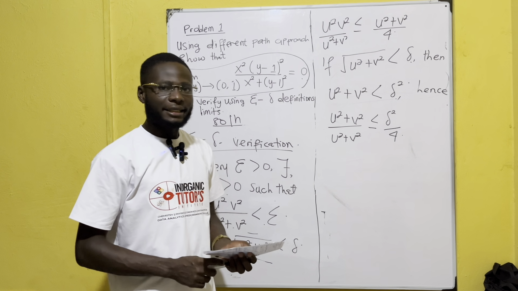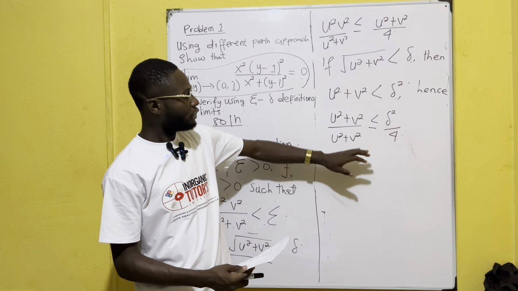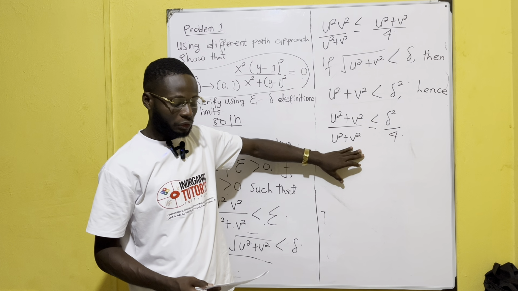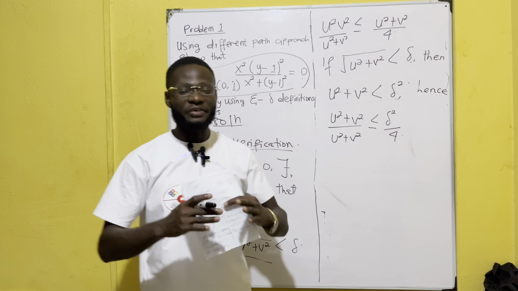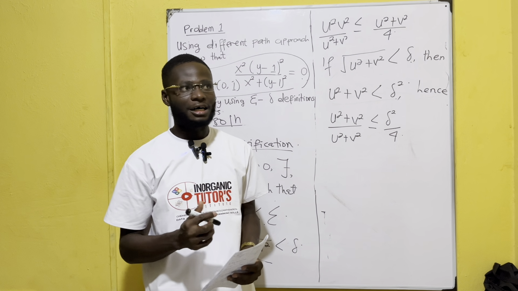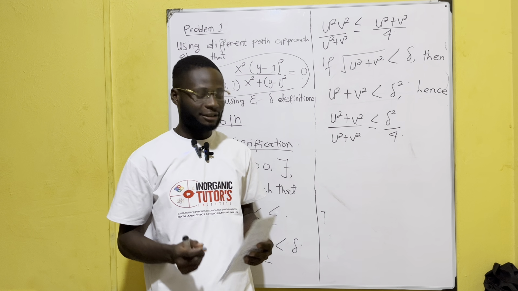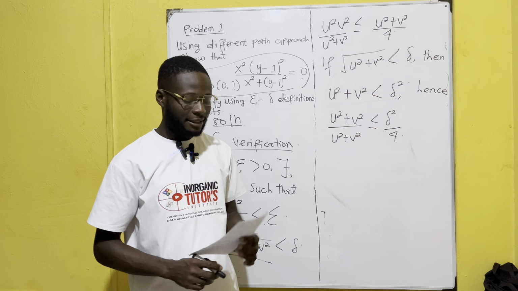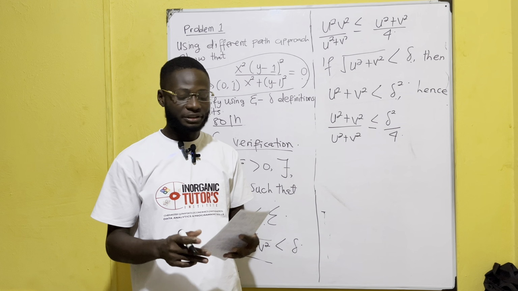To make this expression less than epsilon, we have to choose that delta with something that is very, very small.